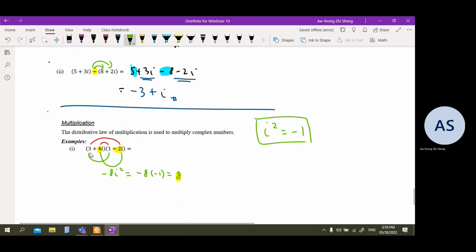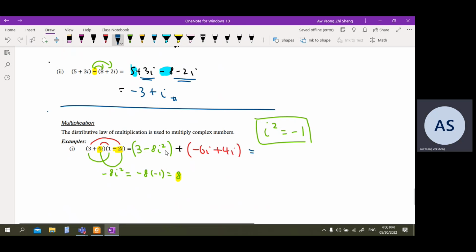So the first green combination gives me a 3. The second combination will give me minus 8i squared. I will write these two together, followed by the two red color combinations. In the outer combination, I have a minus 6i. Inner combination, 4i times 1, I will have a plus 4i.